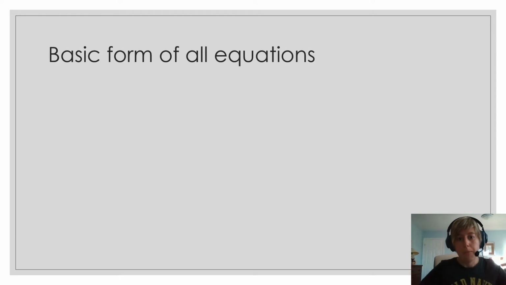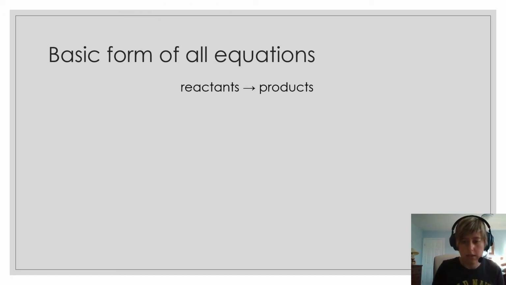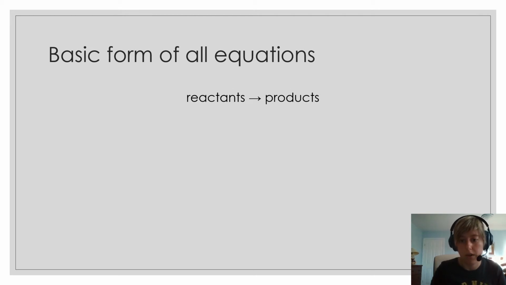So the basic form of all equations, whether we're talking about a word equation or later on a chemical equation, has this form, that reactants come together and produce products. So our reactants, again, is everything that you have before your chemical reaction takes place.